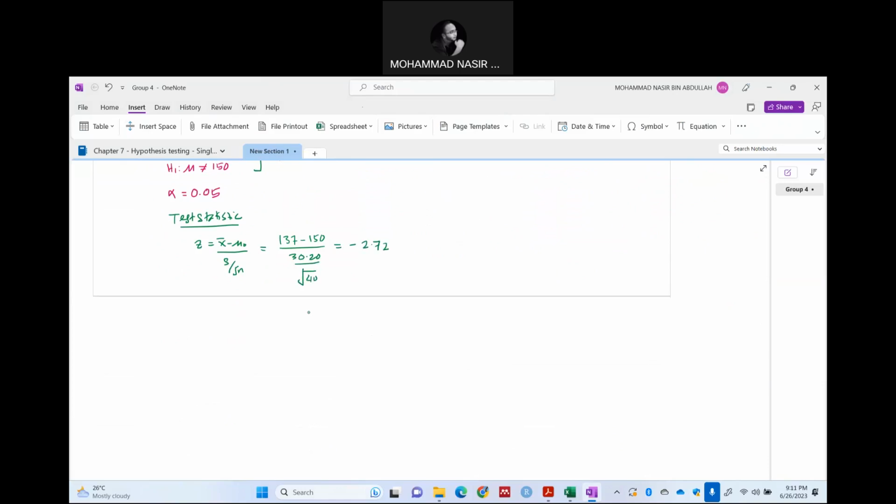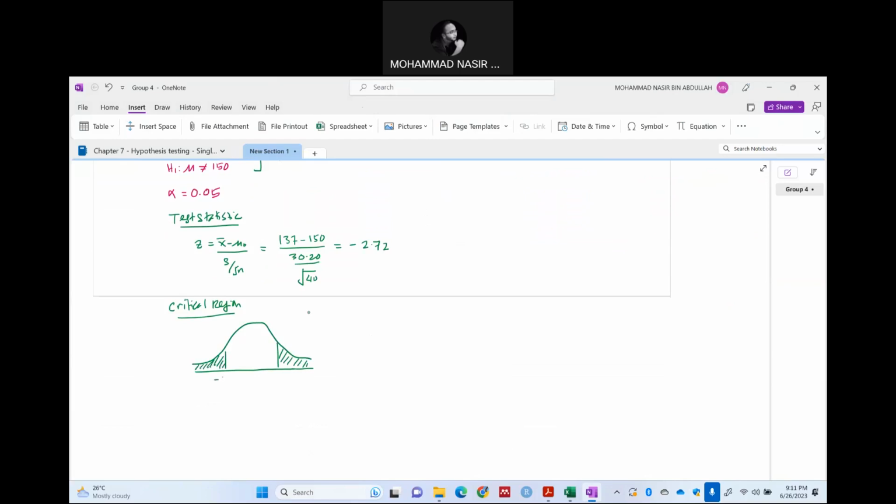Step number 3, we need to find the critical region. Based on the alternative hypothesis, we know that this is a two-tailed test, so it should be on the right and to the left.